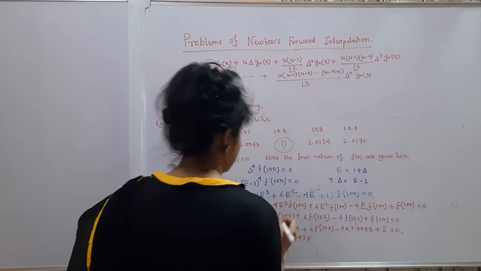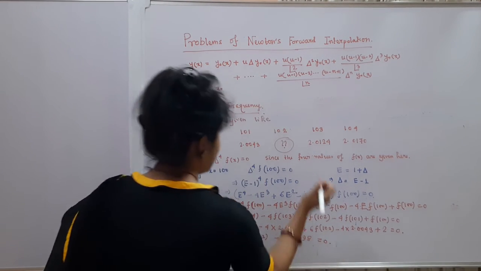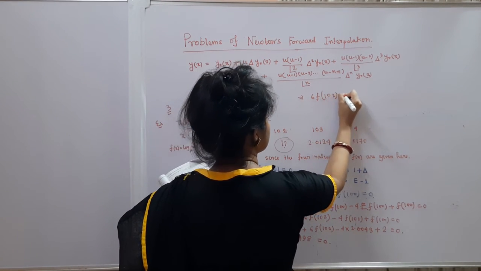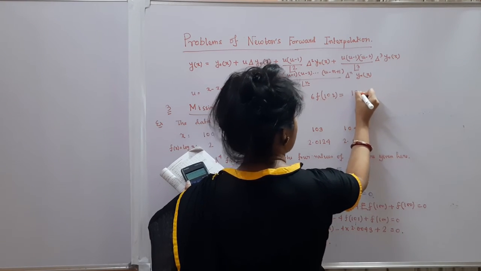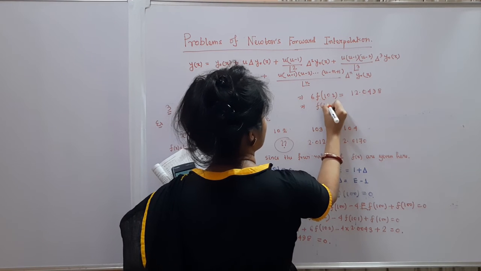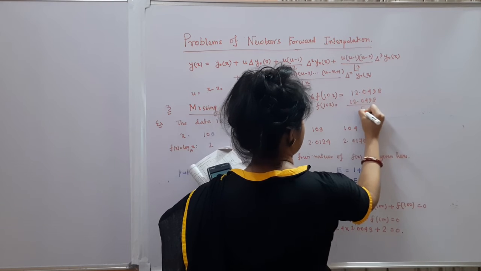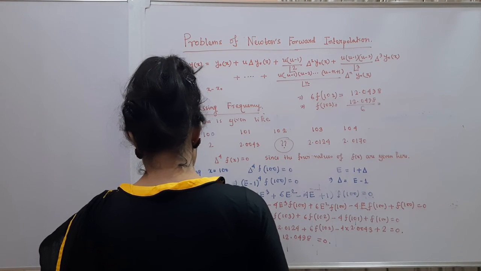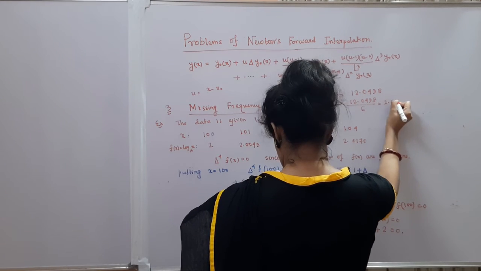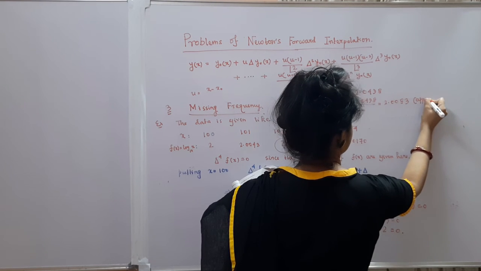So I can write here, that this is equal to 0. So I can write here that 6 f of 102 is equal to 12.0498. So therefore f of 102 is 12.0498 divided by 6. Divided by 6 you will get 2.0083 approximately.